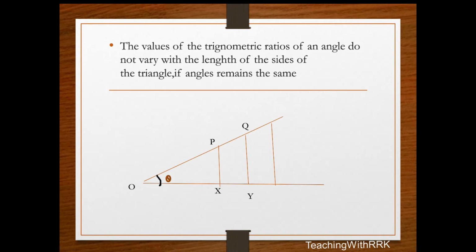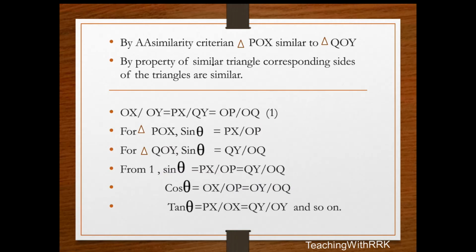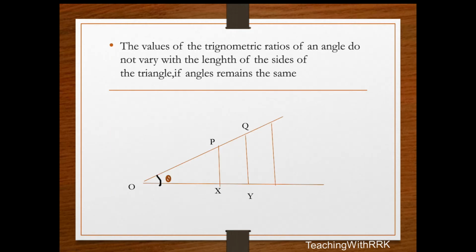For both triangles, one vertex is common, that is O. By the AA similarity criterion, the angle similarity criterion that you will study in another chapter, triangle POX is similar to triangle QOY.